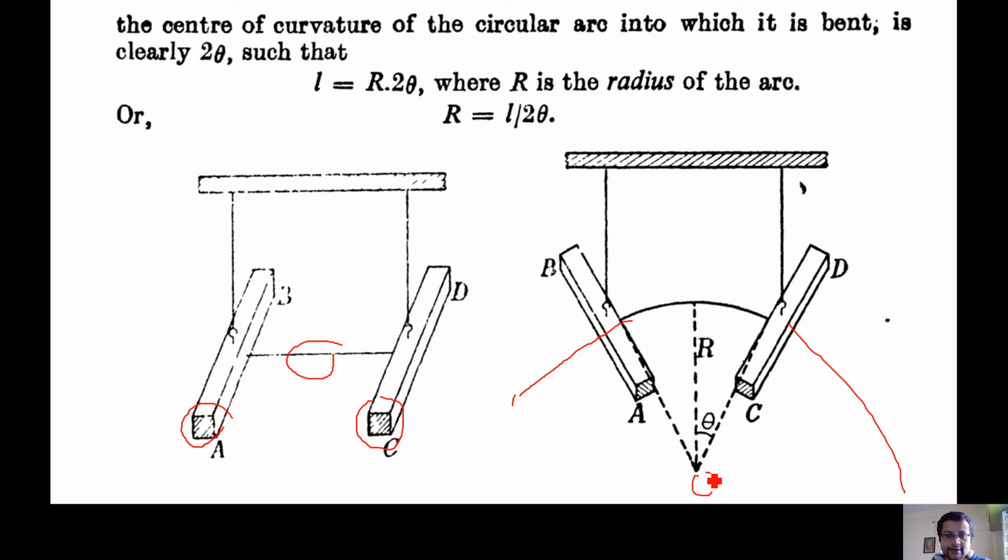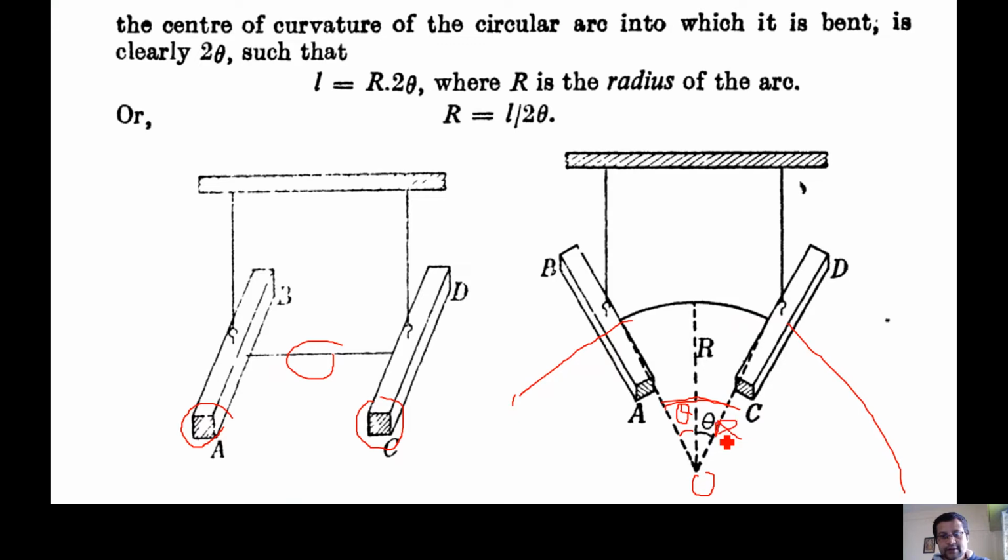This center has a radius r, and half of the angle subtended by one bar at its center will be theta. Similarly, the other bar makes an angle theta, so the total angle will be twice theta in this case.